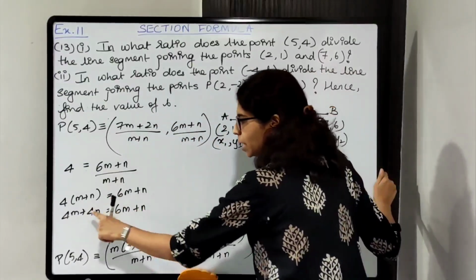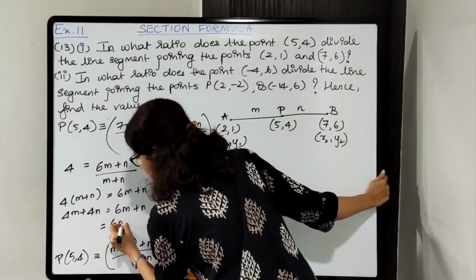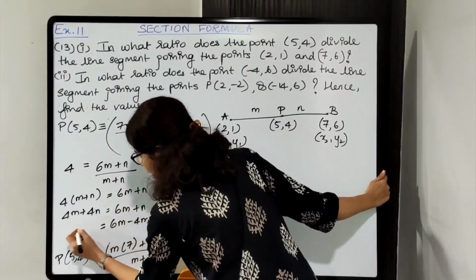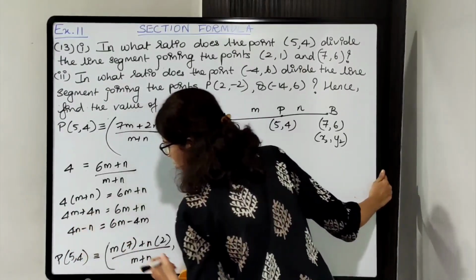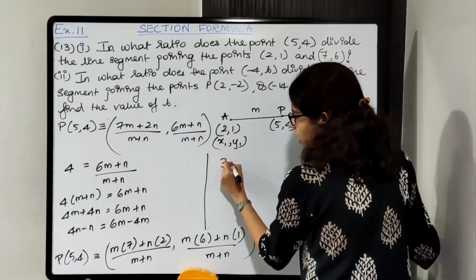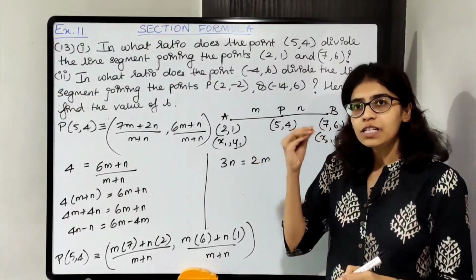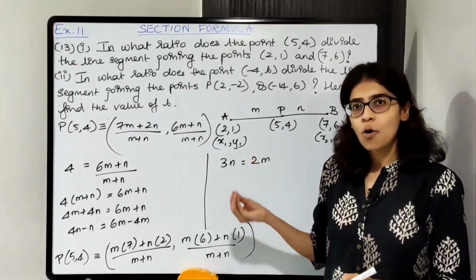We'll group m together and n together. So 6m minus 4m and 4n minus n. So 3n is equal to 2m. We have to find m is to n, that is m upon n.